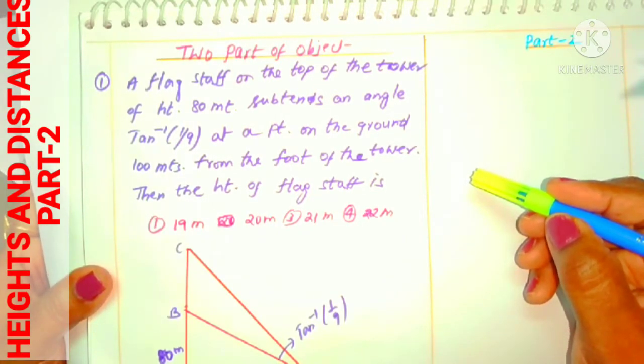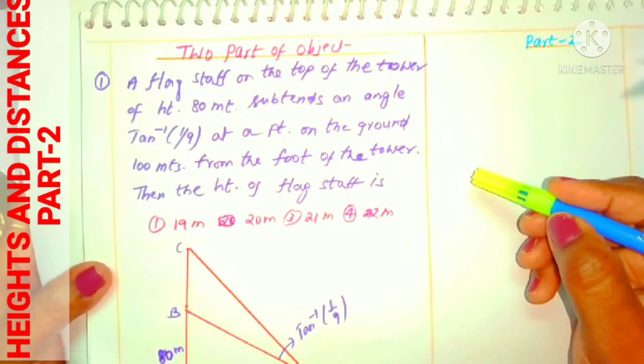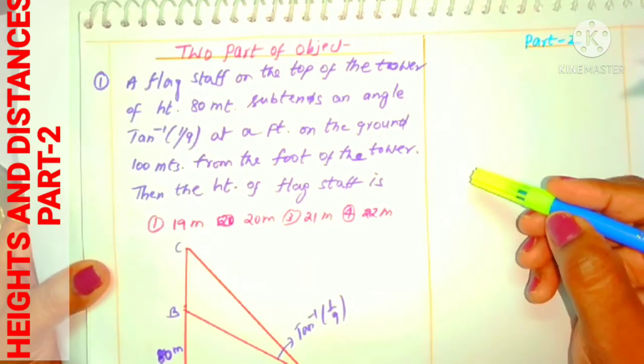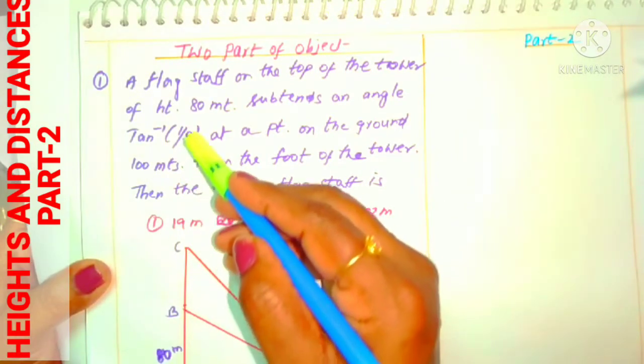And especially in heights and distances, according to the sentence, you can draw the figure also. The figure plays a very important role. First of all, I'm going to teach what is what, and from that we can collect the required result.